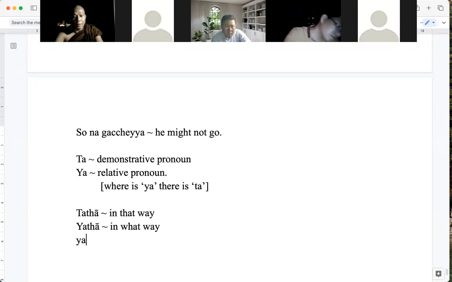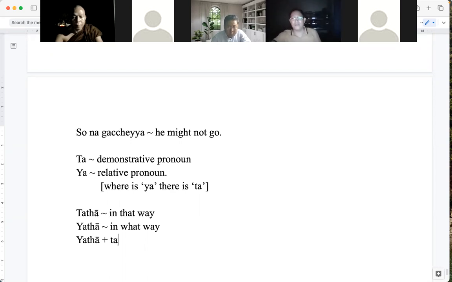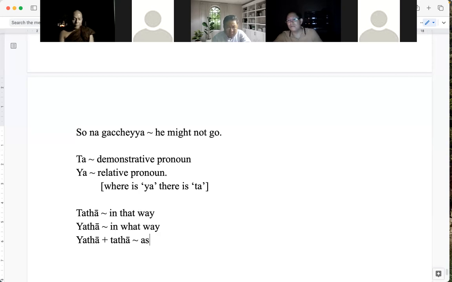When we use yatha and tatha together, yatha in the first sentence and tatha in the second, both of them mean 'just as'. So 'as you say, I understand', in this way. Later, with such a usage, we will see.